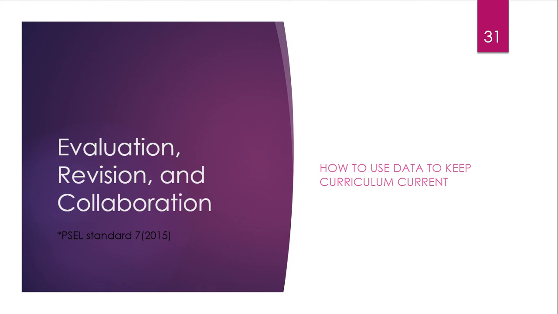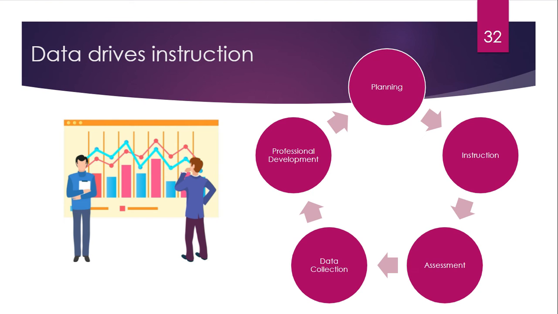Now, evaluation, revision, and collaboration. What we find is that data is what drives our instruction. So we start by planning out our year using our curriculum and our action roadmap and putting a plan in place for the entire year. We then go to instruction and we teach the students what we need them to learn and assess them.